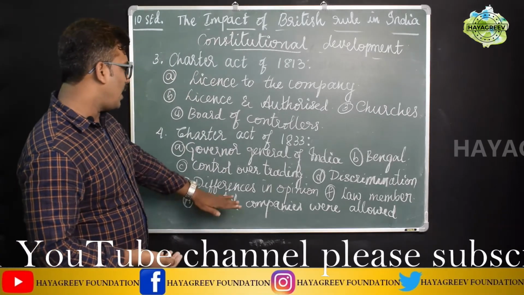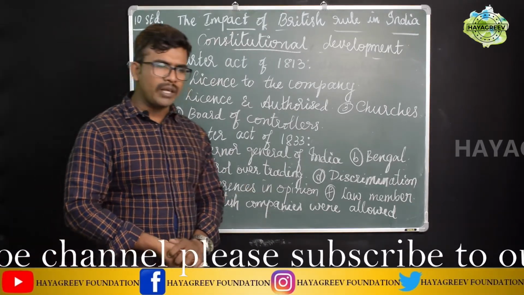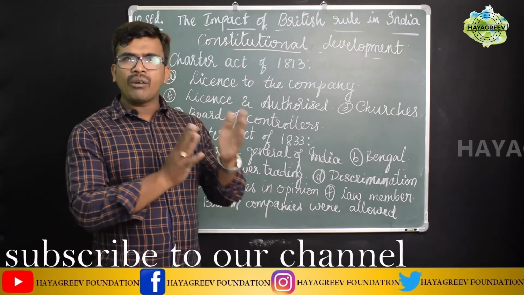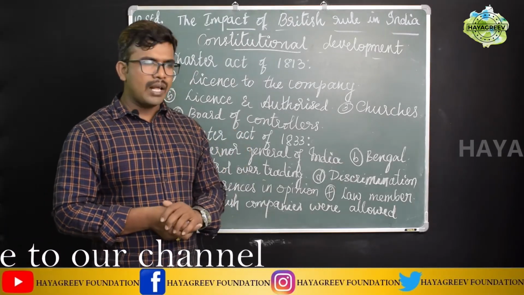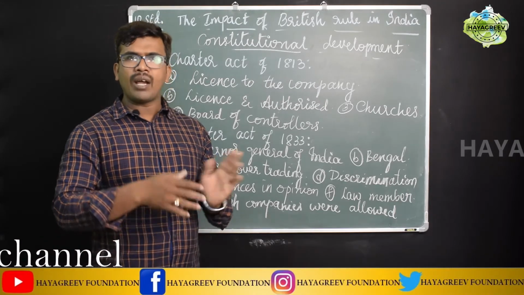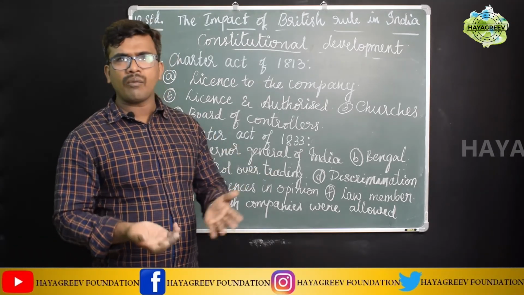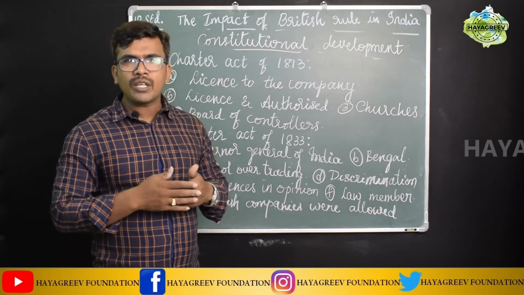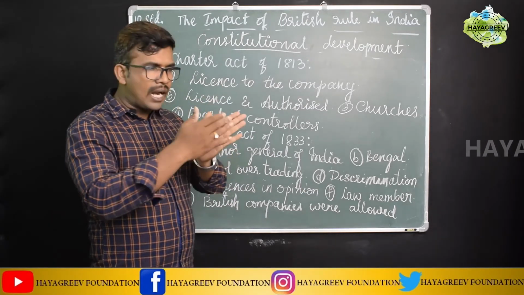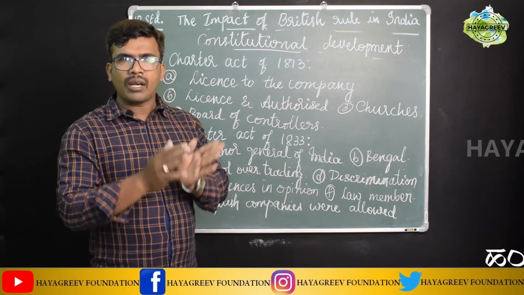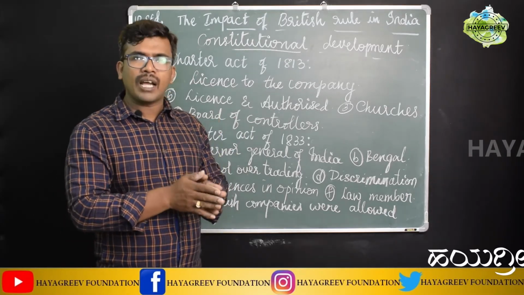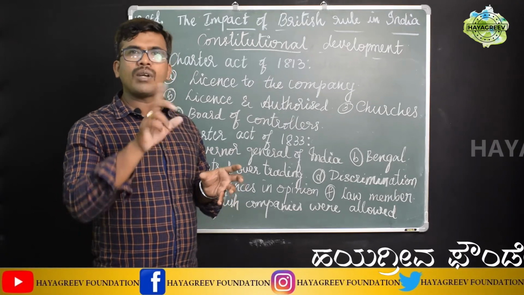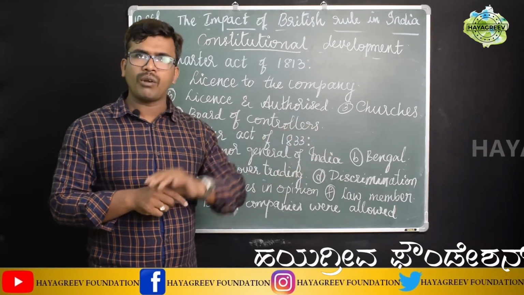And then differences in opinion. The Governor General of India had an executive council to assist him while taking major decisions regarding war, trade, or whatever. If a different opinion appeared between the Governor General and the executive council, the Governor General had the power to override the decisions of the executive members.